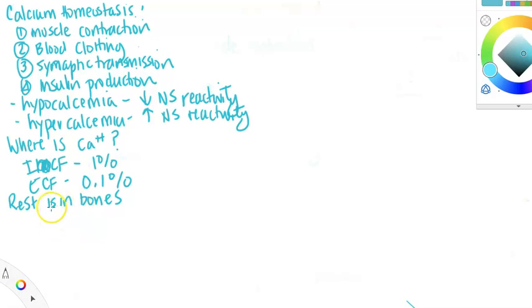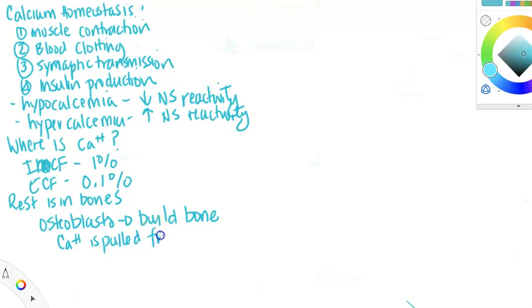So we have certain cells in the bone. We have osteoblasts. We know those build bone. So in building bone, calcium is pulled from the blood and deposited into the bone.